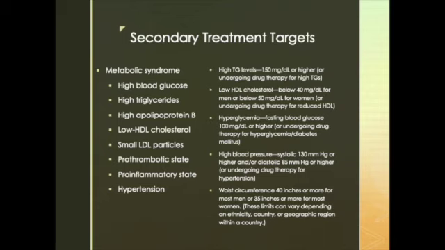High blood pressure is a systolic over 130 millimeters of mercury or higher, or a diastolic of 85 millimeters of mercury or higher, or if they're undergoing drug therapy for hypertension. And lastly, a waist circumference of 40 inches or more for men and 35 inches or more for women. And of course, this is going to depend on ethnicity, the country, or geographical region within the country.